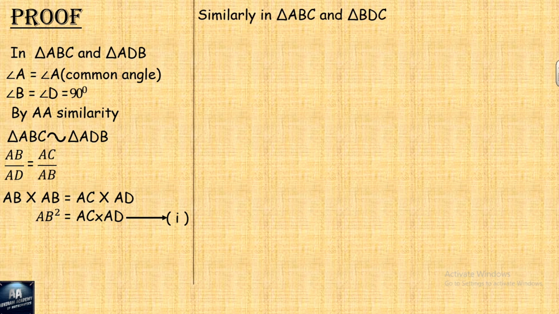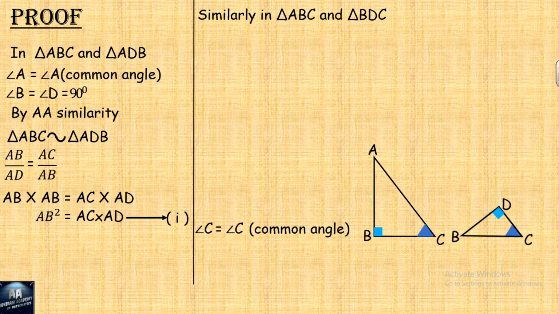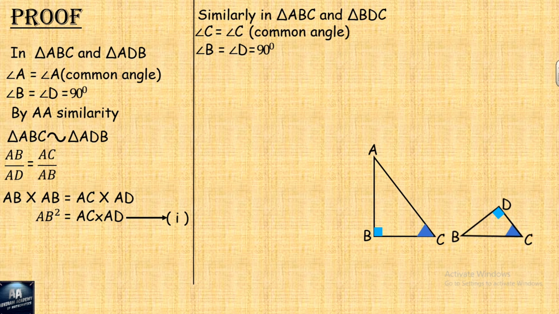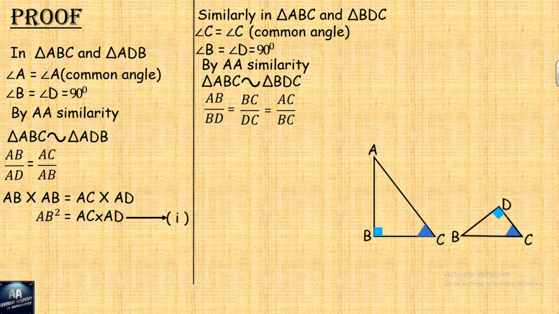Similarly, in triangle ABC and triangle BDC, angle C is common in both the triangles. Angle B is equal to angle D is equal to 90 degrees. By AA similarity, triangle ABC is similar to triangle BDC. So we get AB by BD is equal to BC by DC is equal to AC by BC.